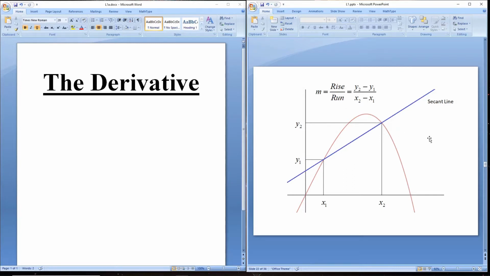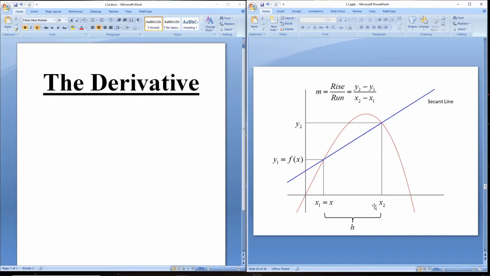And we're going to change notation here. This notation isn't too friendly with where we're going, so we need to change it a little bit. Instead of x1, we're just going to call that x. And if this is x right here, then when we plug it into the function, we'll have f of x. So that's our change, x, and then f of x. Then the distance between x1 and x2, this distance here, we're going to call h.